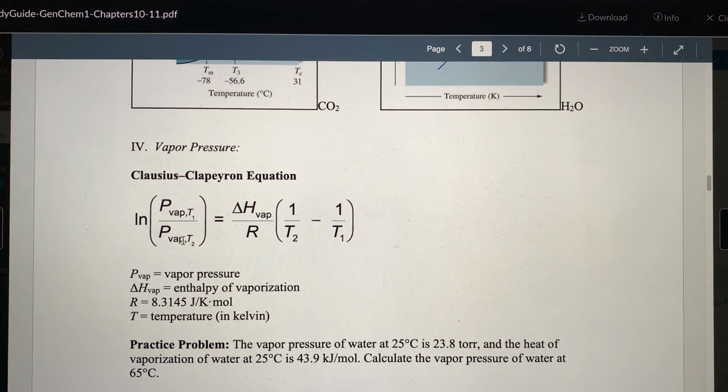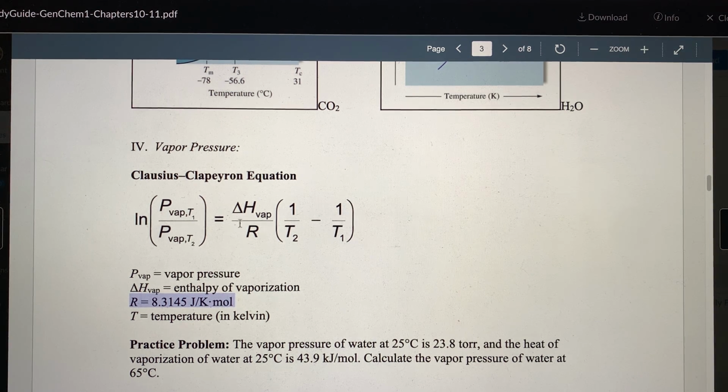Now, we call that PVAP at T1 and PVAP at T2, or we can just call it P1 over P2. So if you take the natural log of P1 over P2, that will be equal to delta H of vaporization divided by R, where R here is 8.3145 joules per mole Kelvin.